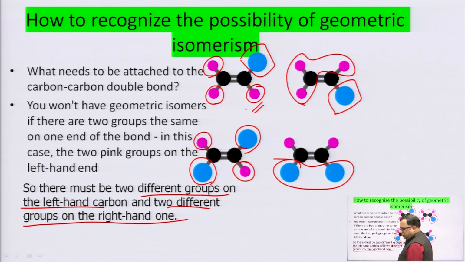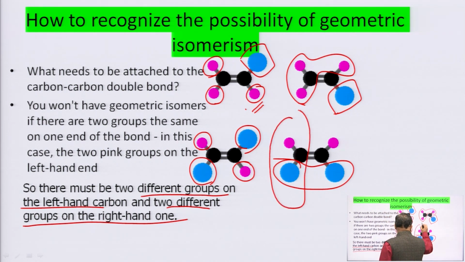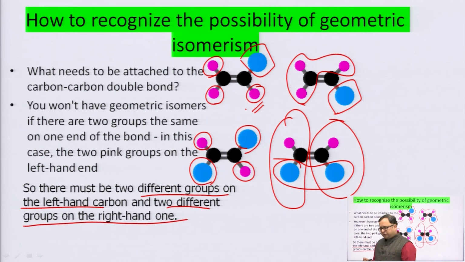So, different groups must be present at both the carbons, this carbon and this carbon. Both carbons possess different substituents, and they can be similar with respect to each other or they can be different from each other.